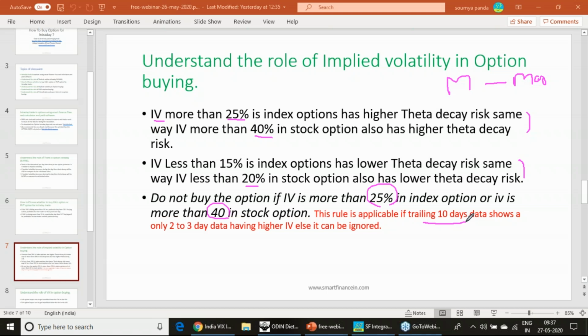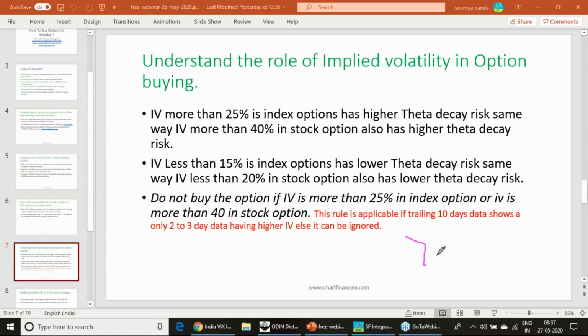If more than 50% or 60% of data points are suggesting that you have a higher IV territory now, then this rule you can ignore. So how will you come to know that, how can you get this historic data? For that you need to just download the historic VIX data.